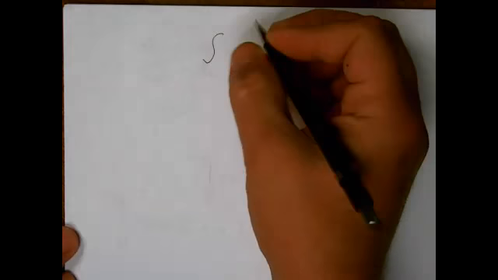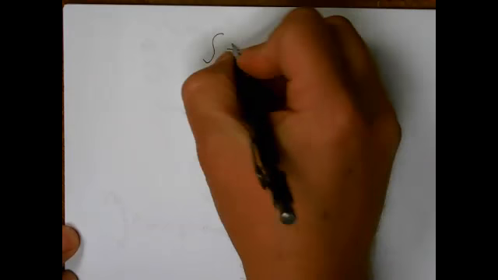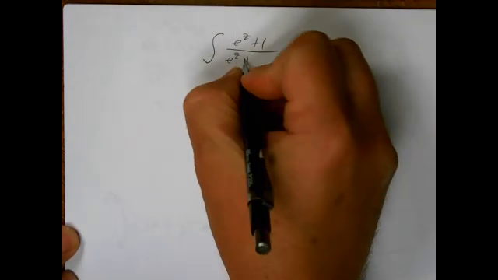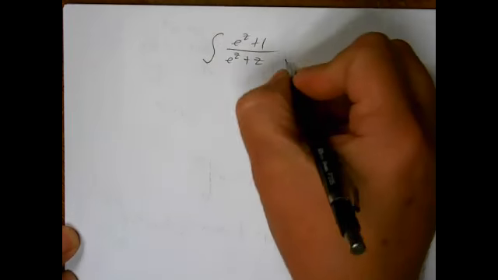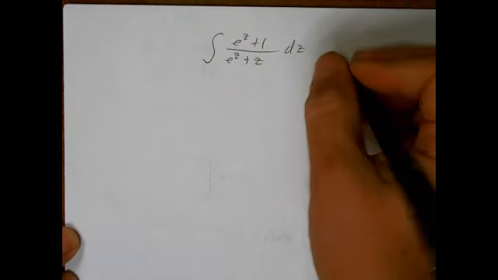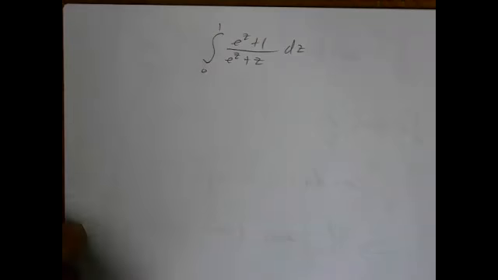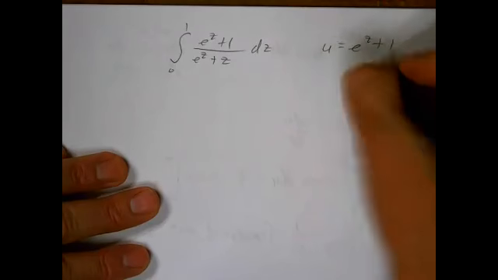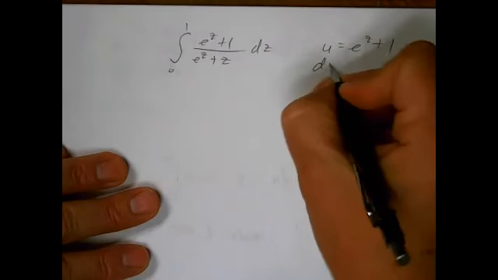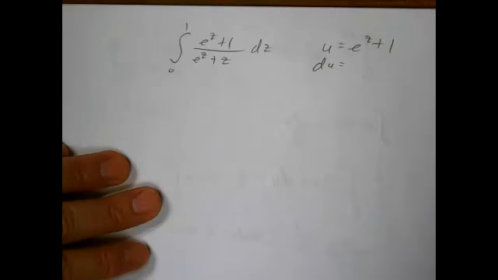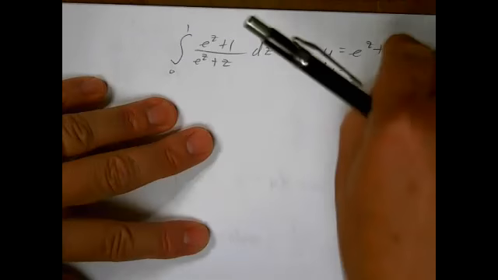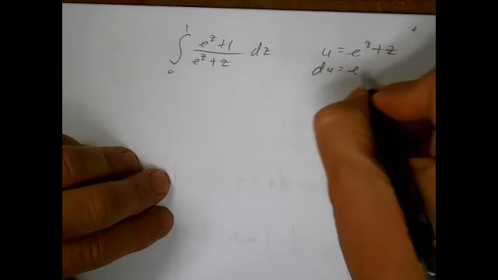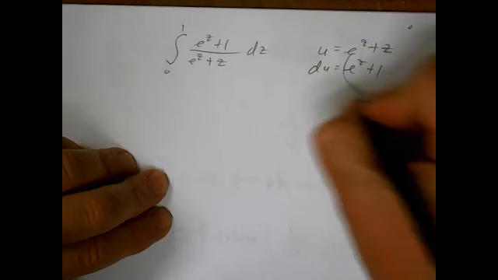If you have the integral of e to the z plus 1 over e to the z plus z, integrating with respect to z from 0 to 1, what you would choose is u equal to e to the z plus z, so that du... oh wait, that's the wrong one, I got it backwards. For u equal to e to the z plus z, the derivative will be e to the z plus 1 dz.